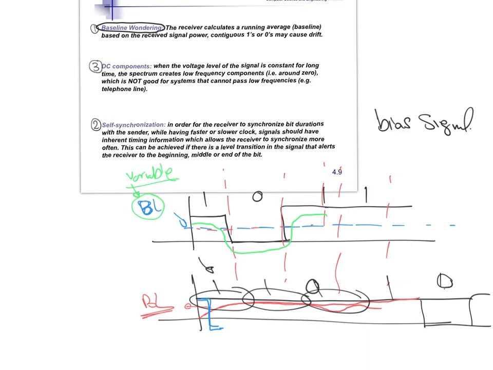So I can use this information to synchronize my clock, which is what we call self-synchronization. My tool to try to synchronize myself back at the receiver side is the digital signal itself, the change in the digital signal itself.